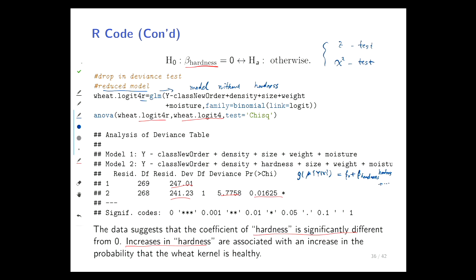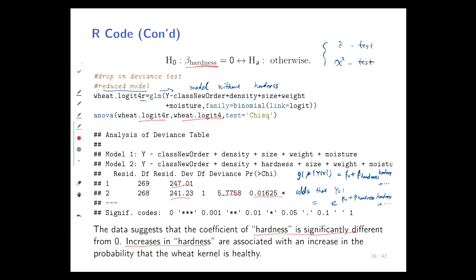Another form of it is the odds. Another interpretation of this model is to use odds. The odds that y equals 1 equals the exponential of beta 0 plus beta hardness times hardness plus so on and so forth.